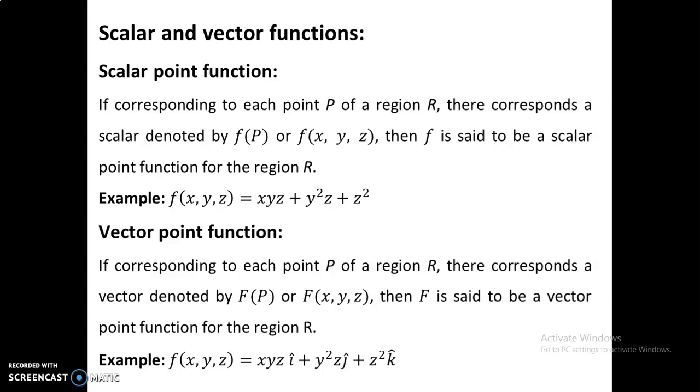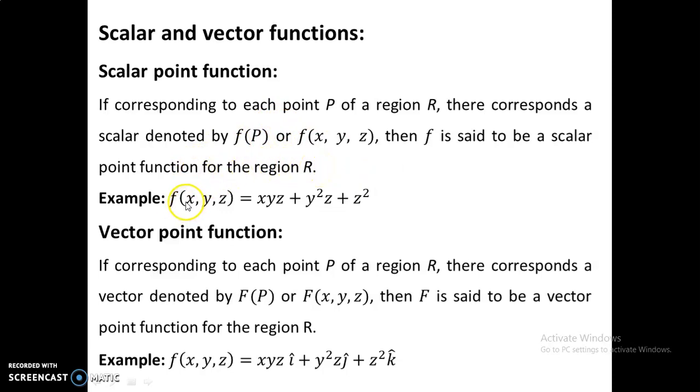Scalar point function: if corresponding to each point of a region R, there corresponds a scalar denoted by f of p, where p is any point on the region R, that means f of x comma y comma z, then f is said to be a scalar point function for the region R.